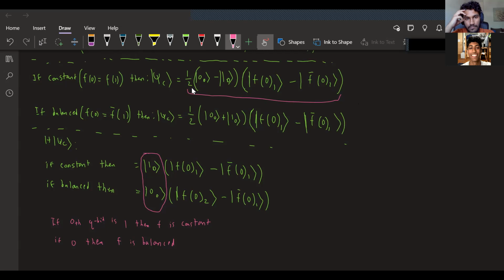But this side basically doesn't collapse. It goes back to this one state because that's all this is.